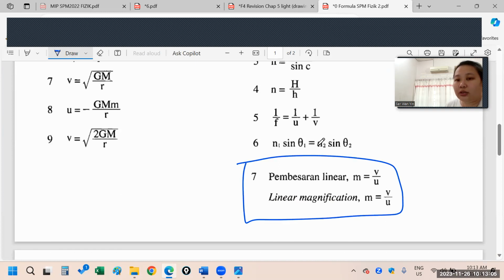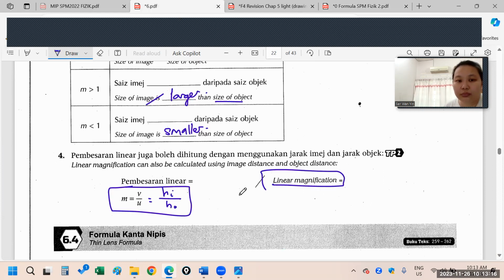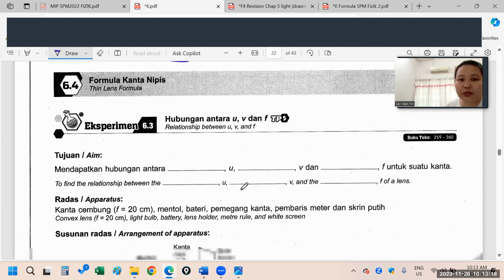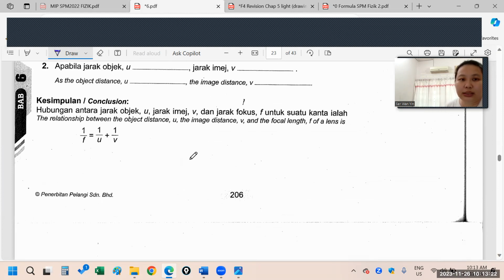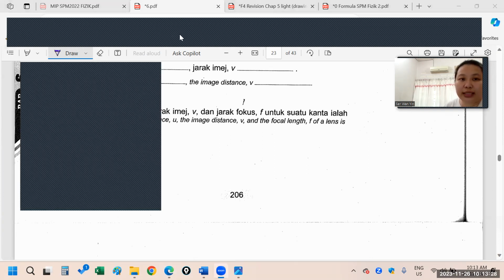This v and this u mean object distance, image distance, focal length, right? So now the lens formula is using this. Refractive index is not given.